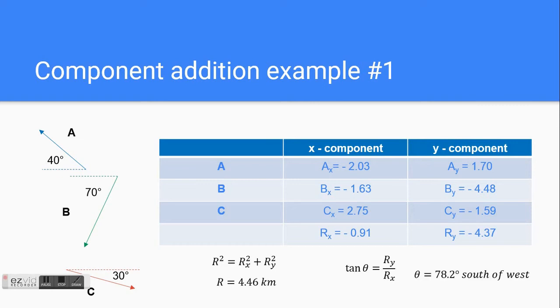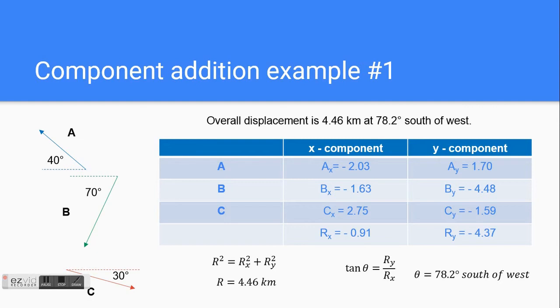And it's south of west because you're moving down and to the left. And this angle is calculated with respect to the x-axis. You can actually work backwards and show that that is true. So your total displacement from your original location would be 4.46 kilometers at 78.2 degrees south of west.